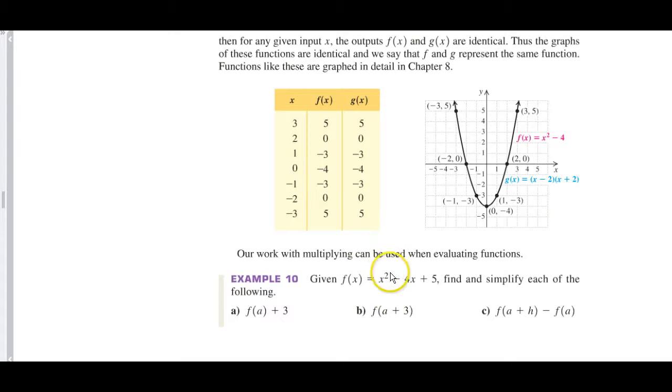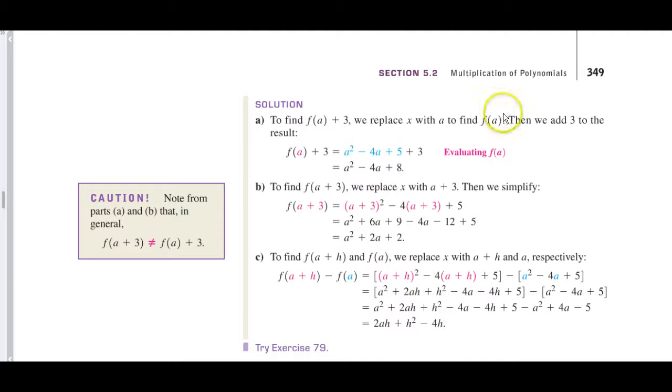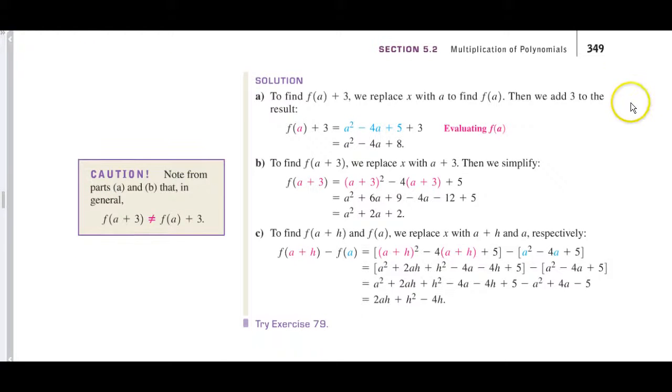Now here they want us to substitute using this function these values. So let's see it worked out. So here we're going to go to our basic function and replace the x with an a and then add 3 to it.